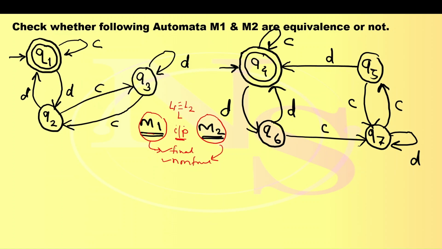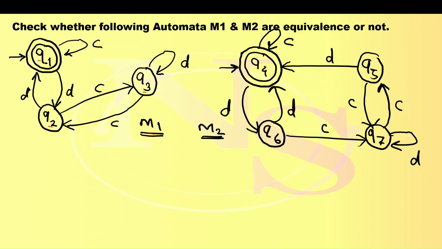If not, they are not equivalent. This applies to all the states of the automata. If M1 is going to a final state, it means Q1 or Q2 or Q3 is going to a final state. Same with M2. Let's understand this concept with an example.